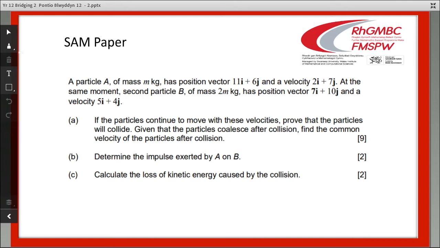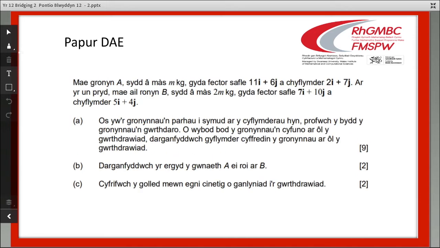The other two bits, they're saying, should come quite easy to you. Now, on the next slide, I've got the same question, but it's from the Welsh paper. As you can see, the numbers are identical. Obviously, it's just written in Welsh.